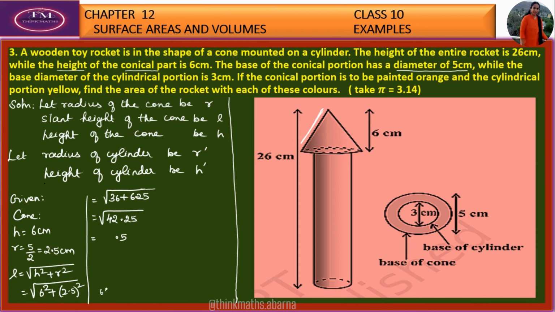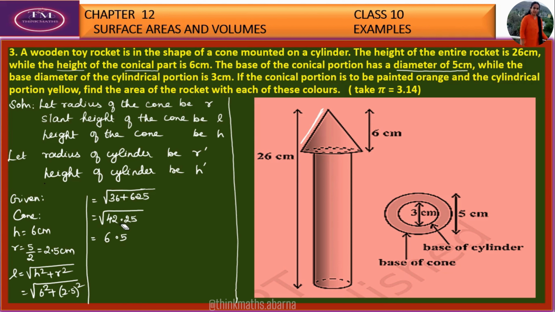It is 6 into 7. 6 sevens are 42. 6 and 7 are consecutive numbers. Take the smallest number, that is 6. So the answer is 6.5, because 6.5 square is 42.25. Okay children, if you find the square root of a number that ends with 25, write 5 in the ones position.